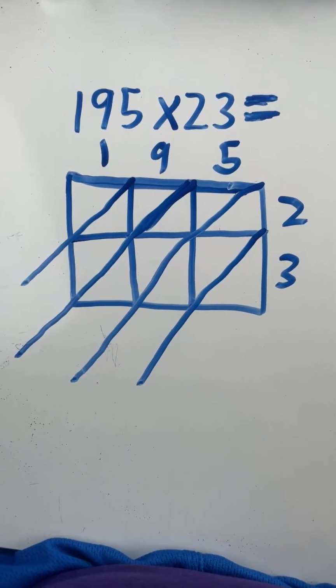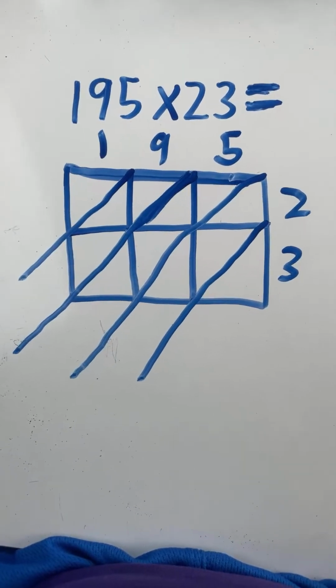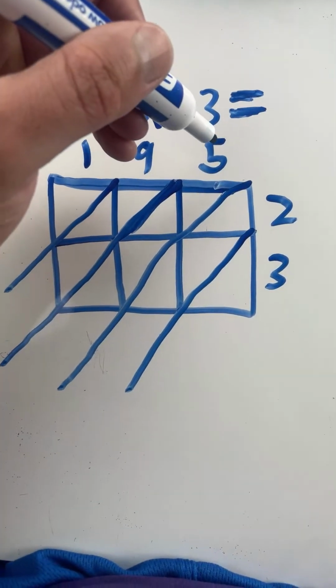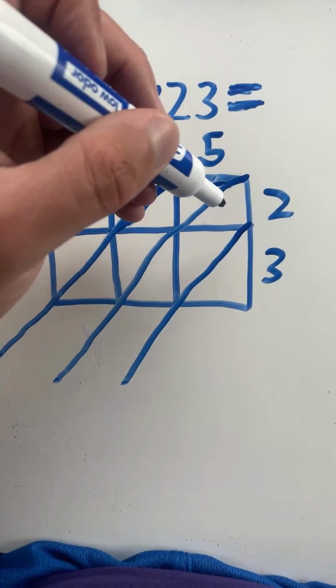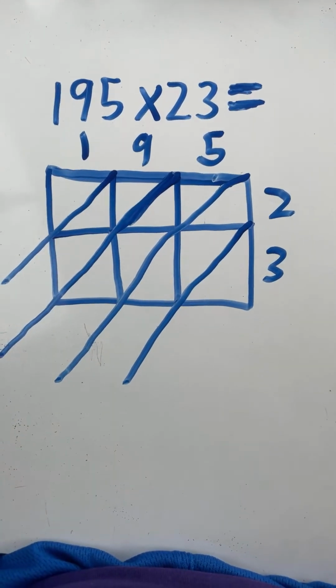All right, and now we're going to multiply digit by digit. So we're going to start out multiplying 5 times 2. The answer is going to go in this square here, but each digit's going to go in a separate triangle.